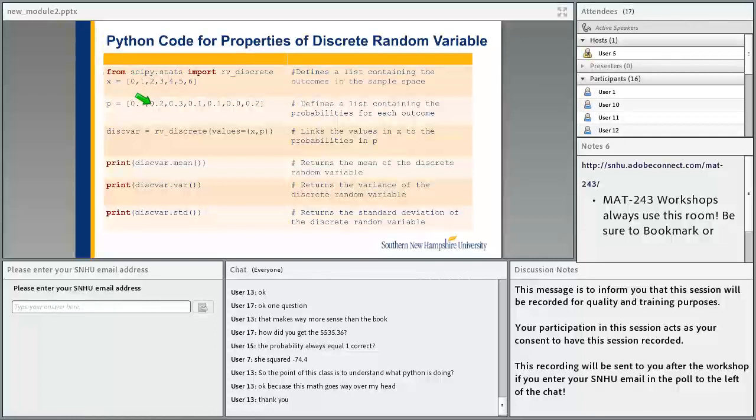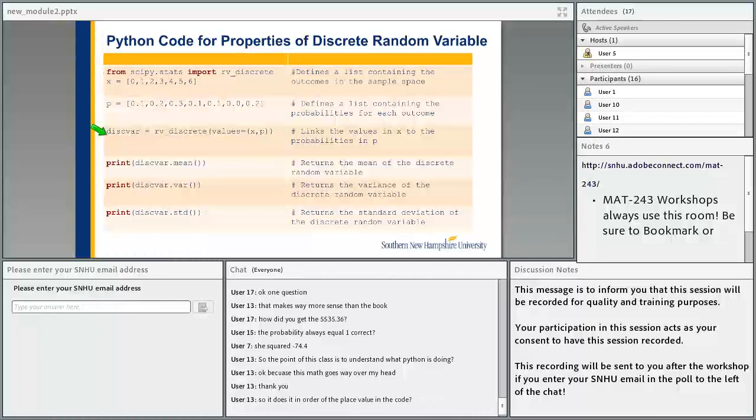The probability of getting a 1 is 0.2. Probability of getting a 2 is 0.3, and so on. So it will map every x value with the p value. So that's what is going to happen in this line. And once it is mapped, it's going to be saved as a variable discvar. Yes, it does it in order. It goes from the first to the last and it maps every value to the probability.